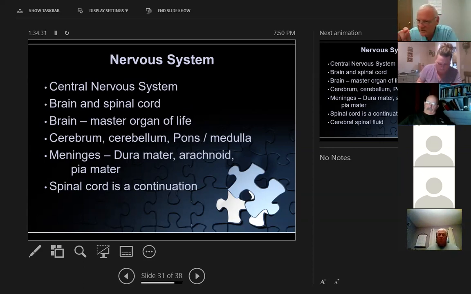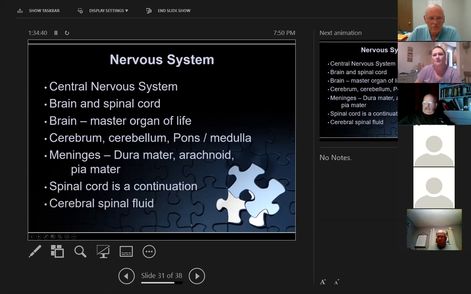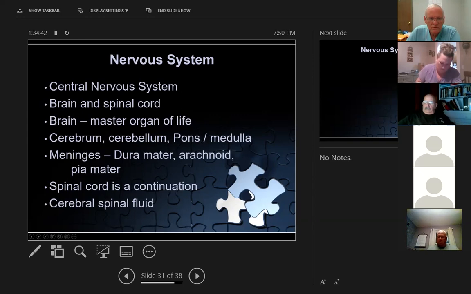There's no exact perfect spot where you can say this is cord and this is pons. But another thing that protects it all, and it actually resides between the arachnoid layer and the pia mater, is the cerebral spinal fluid. Again, shock absorber, takes nutrients and bathes the brain with it. We see that leaking out of somebody, we know we got a problem.